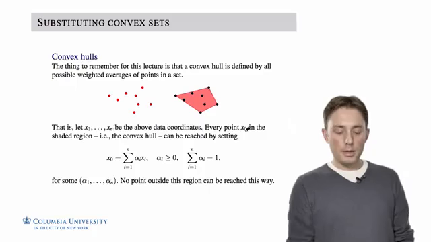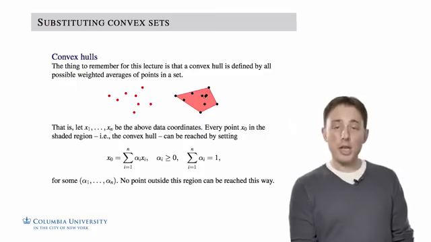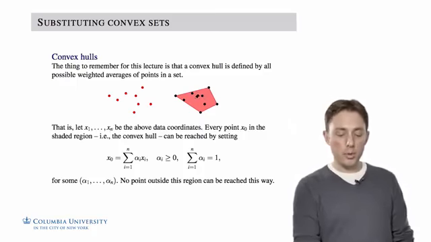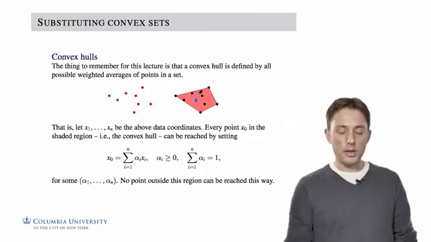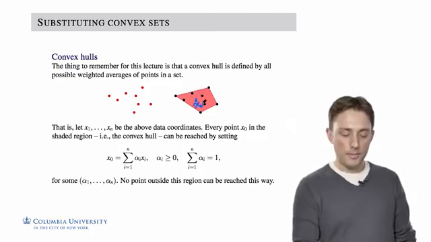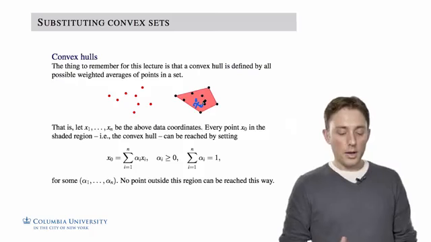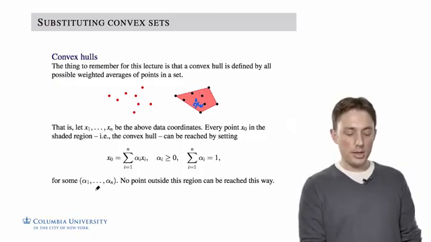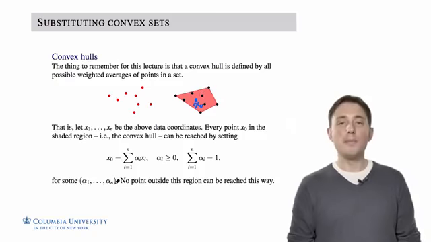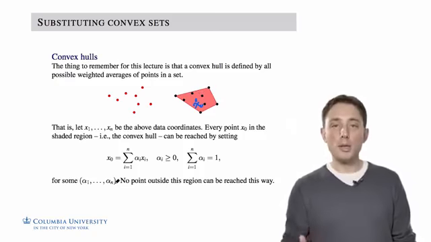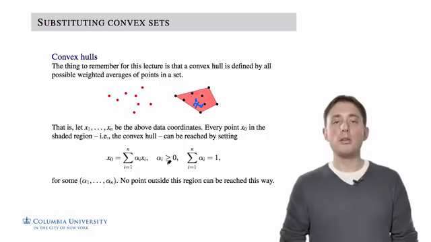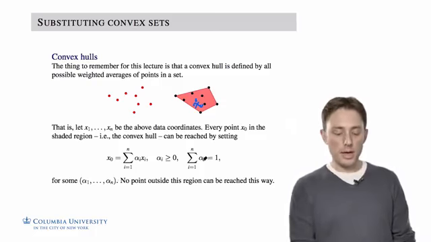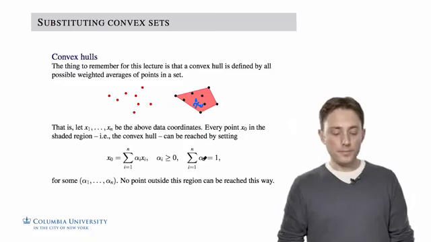Then every point x naught in this shaded region, for example, this point, call that x naught, so it's within the convex hull, can be reached by setting some probability distribution on the data. So let alpha 1 to alpha n be a probability vector, so all of the entries are greater than or equal to 0, and they sum to 1.